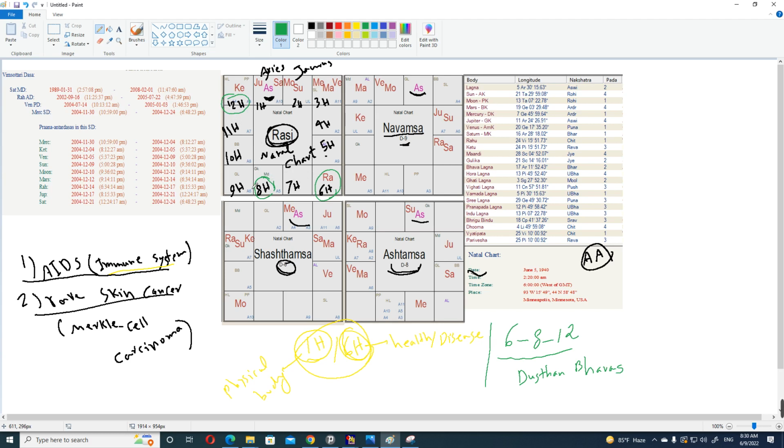Okay. Let us start evaluating the first house and 6th house powers. If you check here, the ascendant is in Aries. This is the first house. And here, 6th house is Virgo.